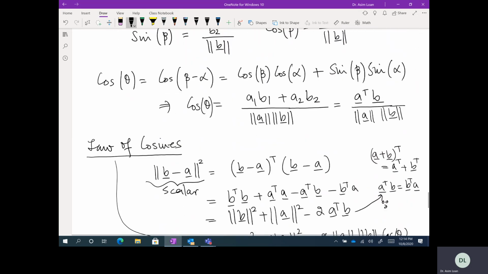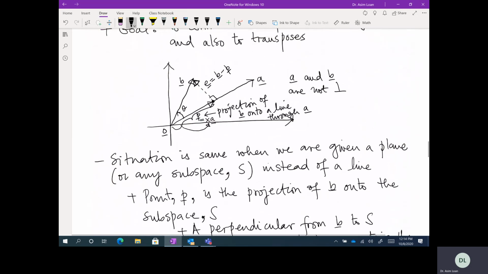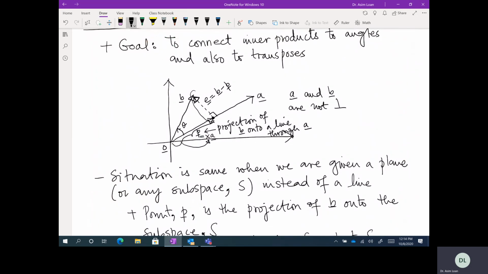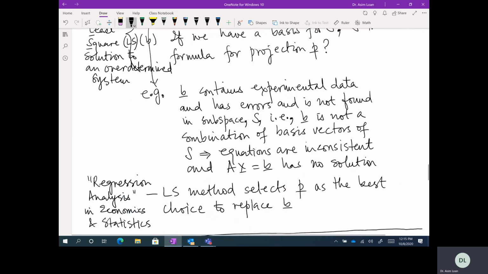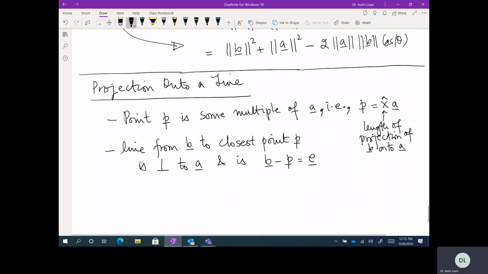Again, go back here. This line B minus P, at this point P, is orthogonal to A, right? So keep that picture in mind.